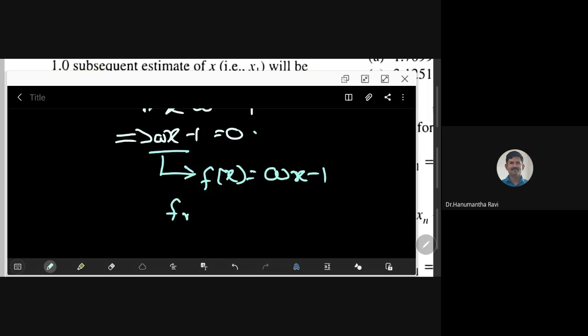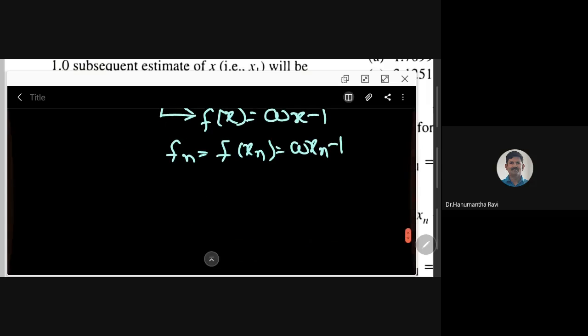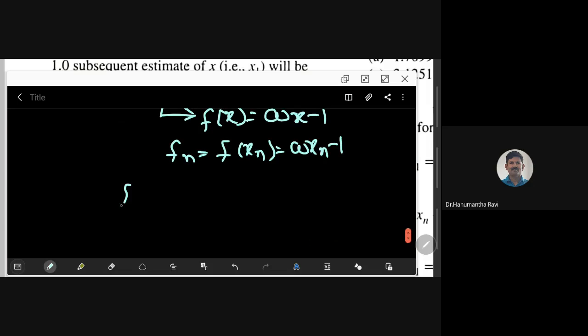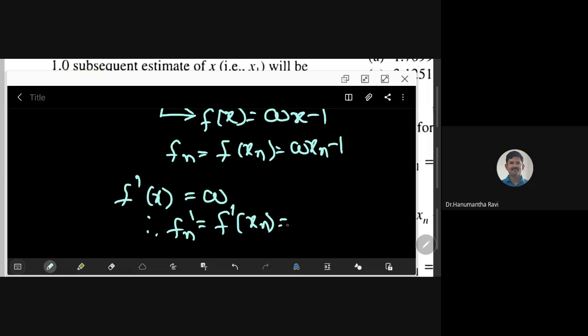So fn is f of xn, which is Axn minus 1. Then what is f dash x? F dash x is A. So what is fn prime?